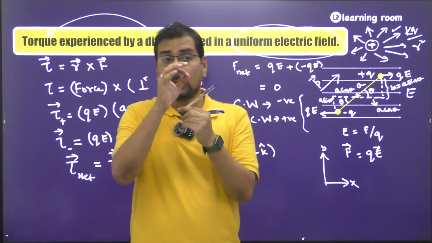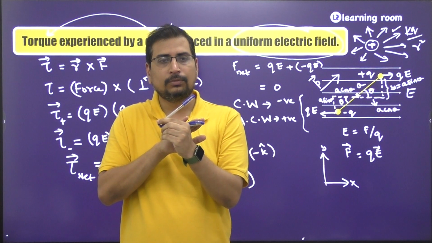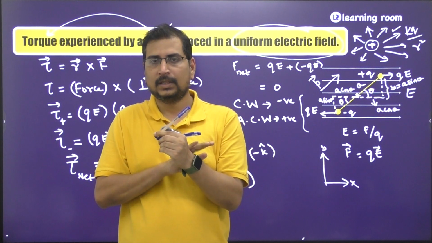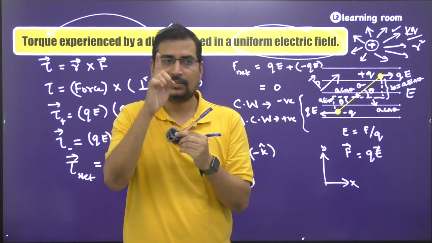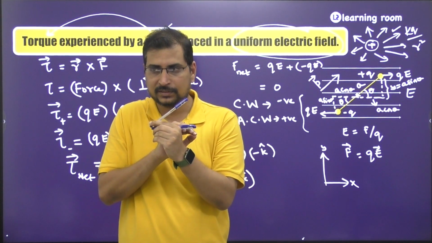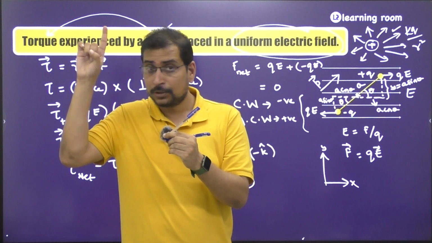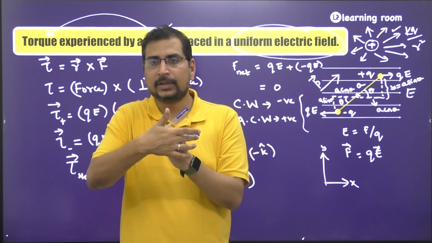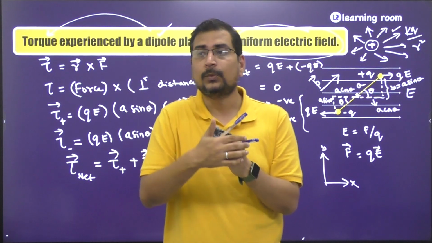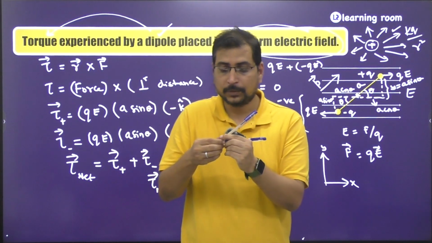If I do A vector cross B vector, I need to keep the direction of the first vector fixed. In A vector cross B vector, which is first, obviously the one before the cross, which is A vector. I need to keep the direction of it fixed and you need to keep the direction of the second vector fixed, which is B vector, and take the first vector and turn it towards the second vector in the shortest direction possible. This is an important point to be noted.